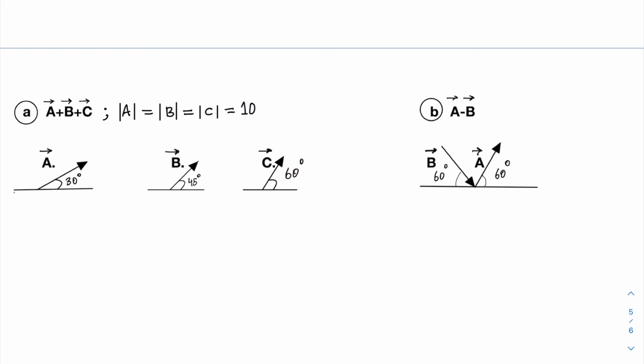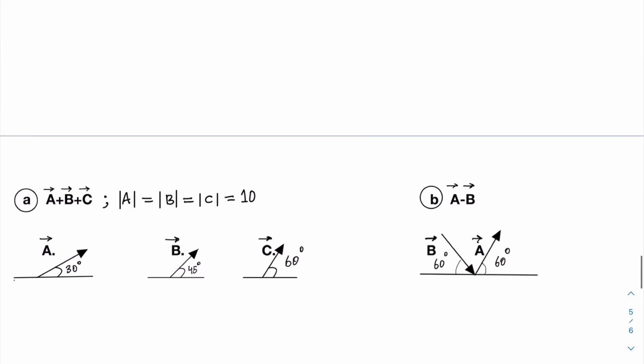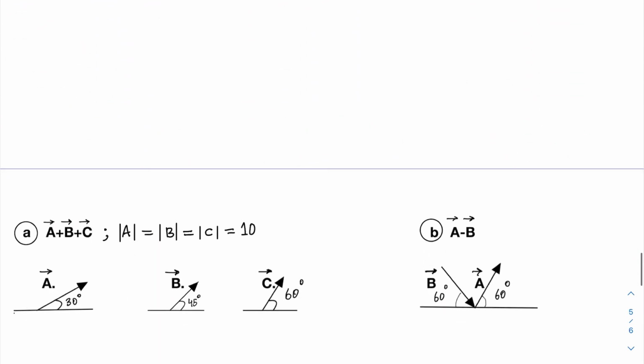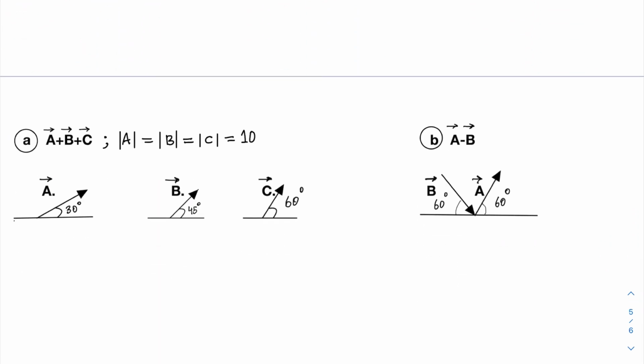So to address this question, we need to use two previous techniques that we have learned in this lesson. And that means, as I see vector A, vector B, vector C, they have angles with the horizon.